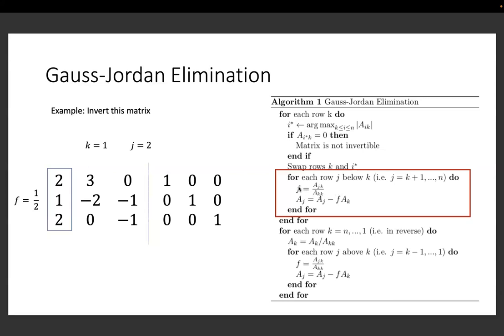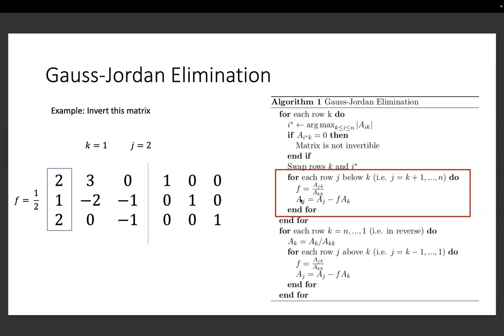So in this case, we compute a scale factor here, which is f, equal to a j k. So a j k, where j is equal to 2 and k is equal to 1, is a 2 1. a 2 1 is 1, and then divided by a k k, which is 2. So f is equal to 1 divided by 2, right?